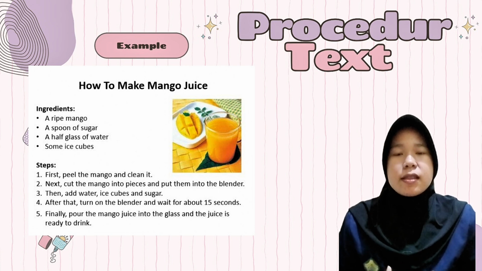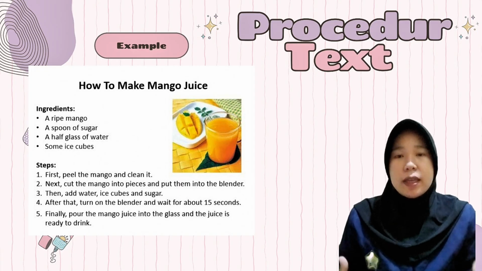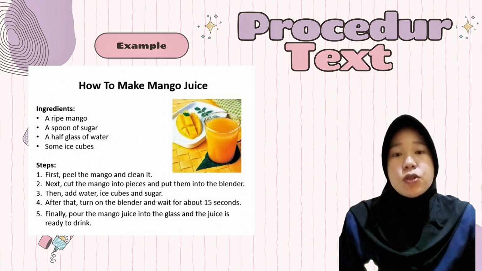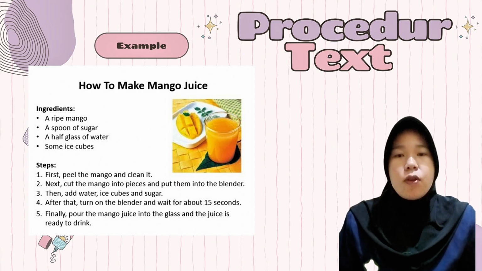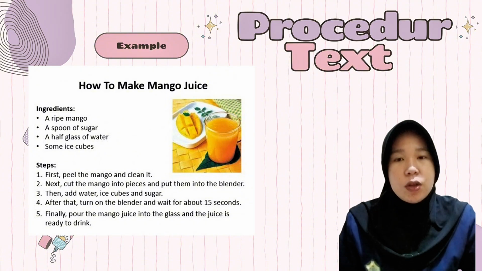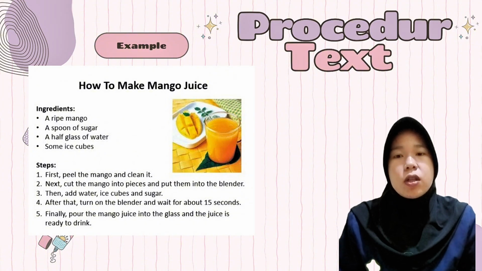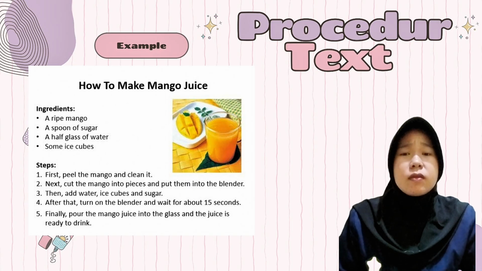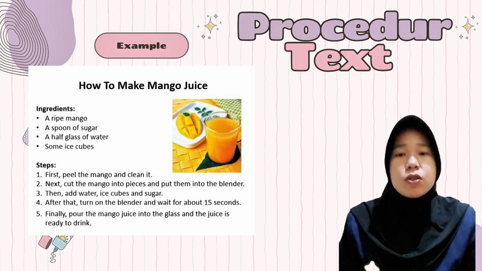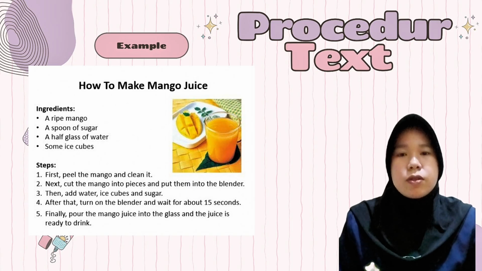So this sentence tells us what we are going to make, which is mango juice. The materials or ingredients of this text are a ripe mango, a spoon of sugar, half a glass of water, and some ice cubes. These are the ingredients needed to make the mango juice.